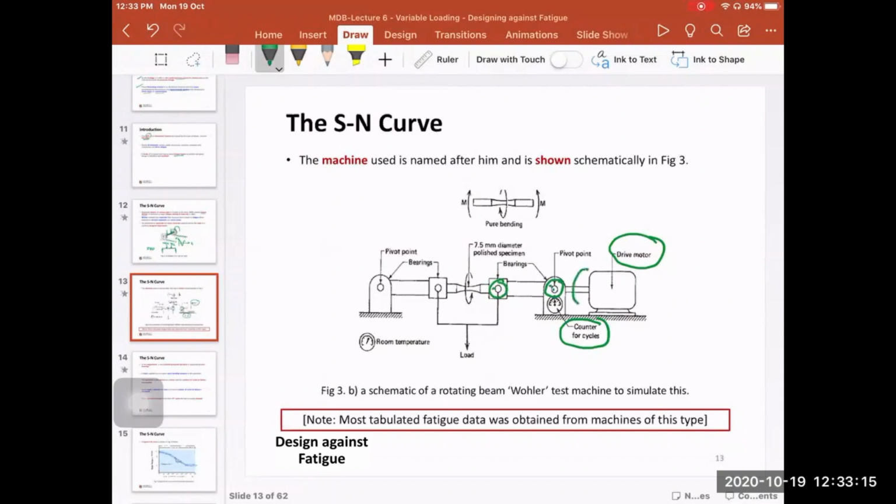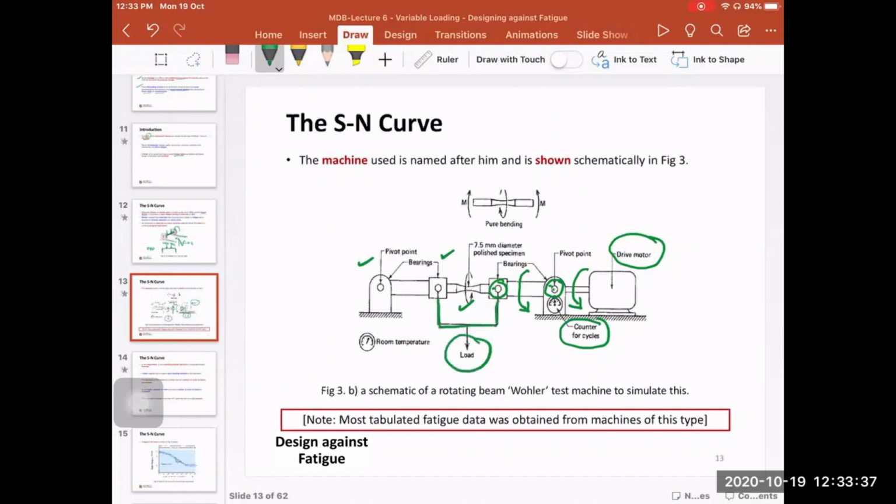The motor rotates here, and this shaft rotates, and then we have the specimen in the middle here. On the other side, we have another bearing and another pivot, just to allow this rotation to happen, and also to allow for this loading to be applied.